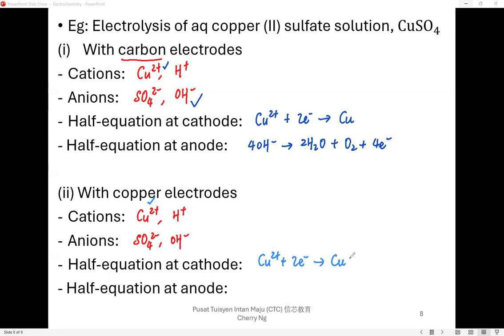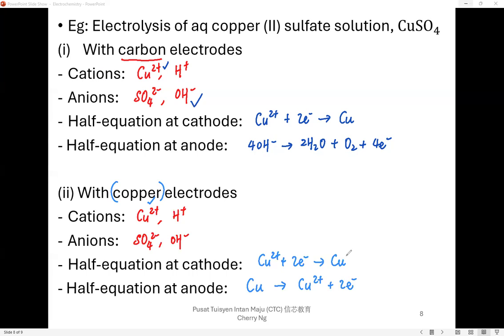How about the anode now? If we are using copper as the electrode, we will ignore all the anions. We will only choose the electrode itself. Initially it is a metal with no charge, Cu, and it will release electrons, becoming Cu2 plus plus 2 electrons. What do you see in this case?